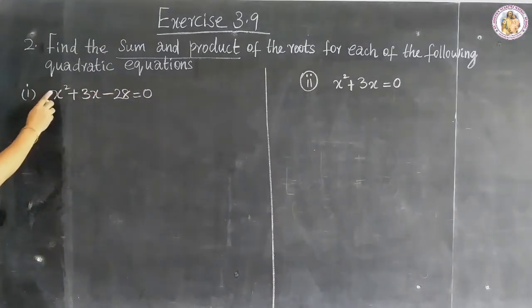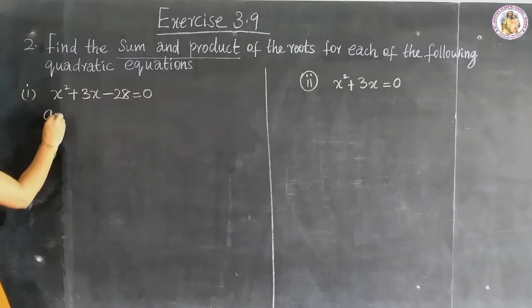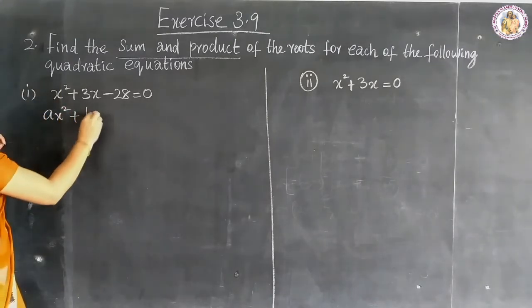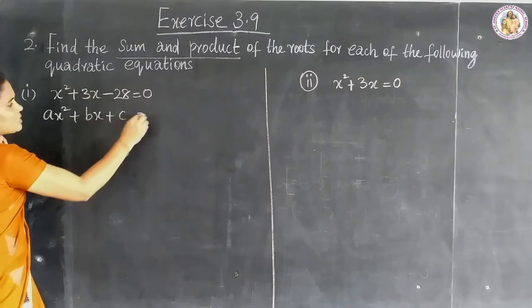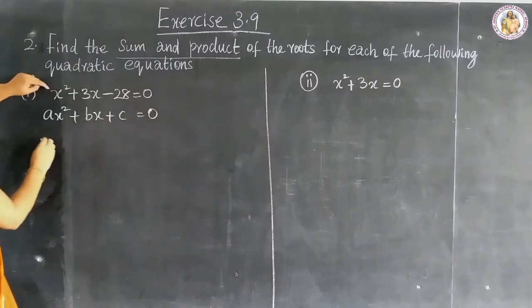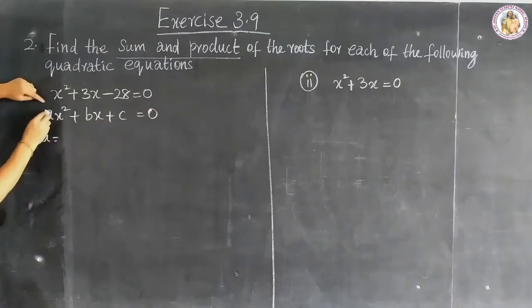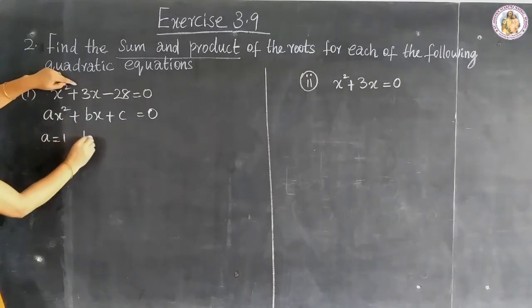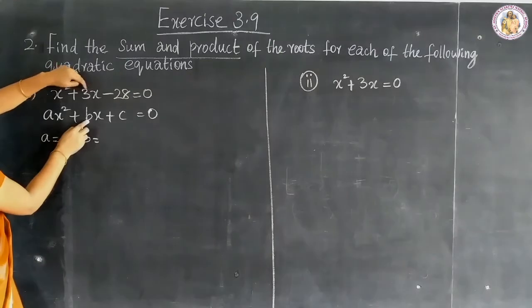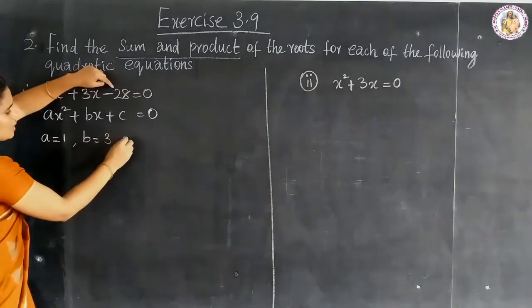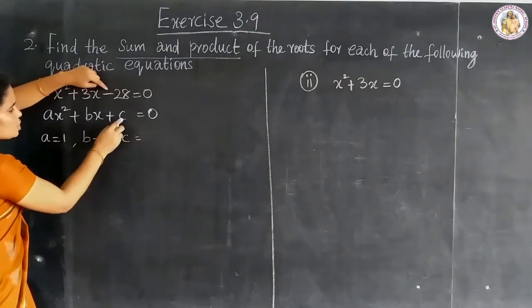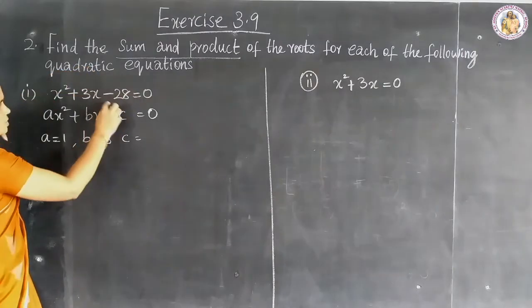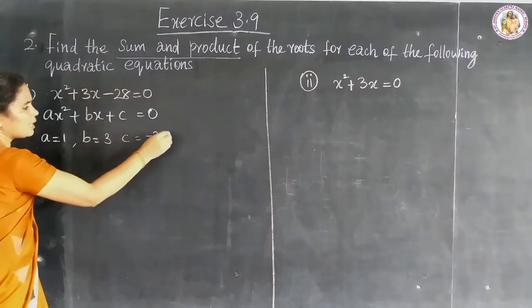So comparing the equation with ax square plus bx plus c is equal to 0, here a is equal to coefficient of x square, which is 1, and b is equal to coefficient of x, which is 3, and c is equal to minus 28, the constant.